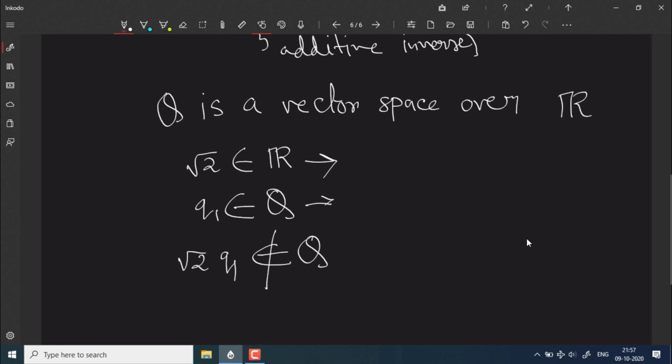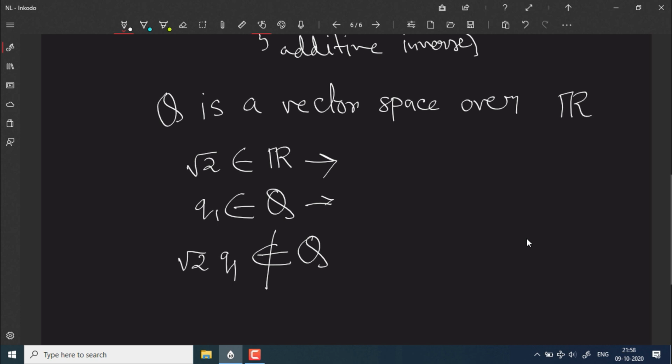If you have two fields, or rather two simple abelian groups, and one is a proper subset of the other, like here Q is a proper subset of R. Whatever elements are present in your real number set, all of them are not present in your rational number set. Obviously, the set of irrational numbers, R complement Q, is not present there.